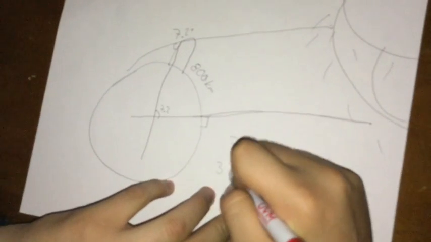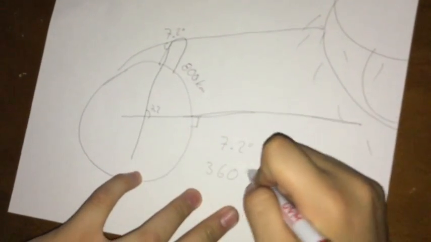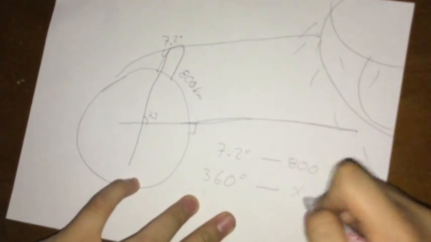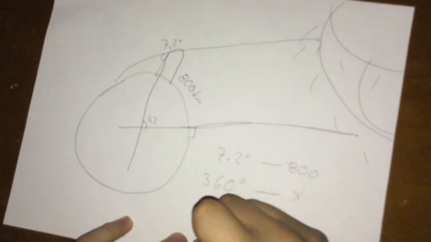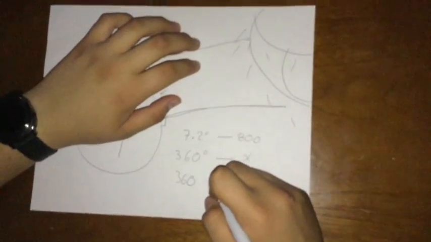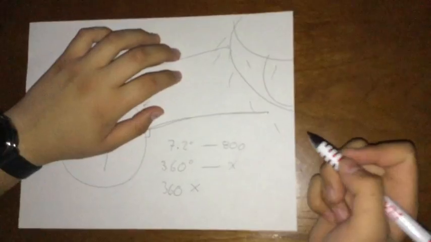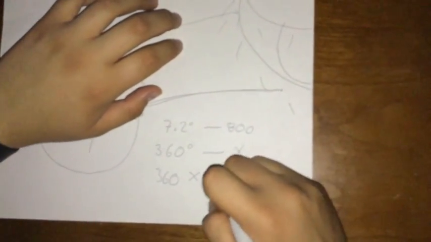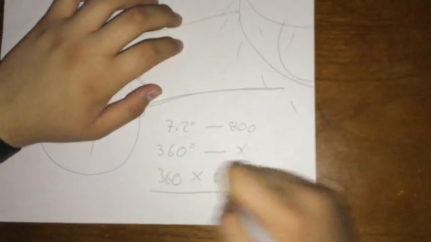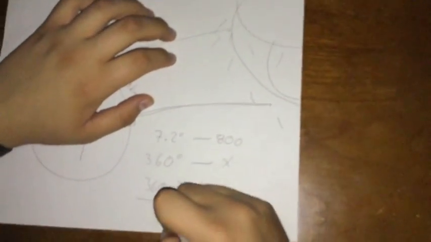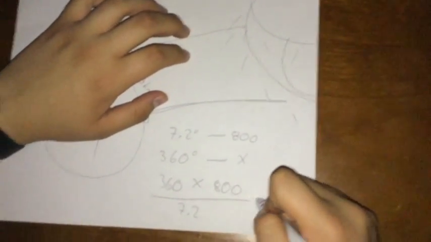So 360, the circumference, is for x. So 360 multiplied by 800 divided by 7.2.